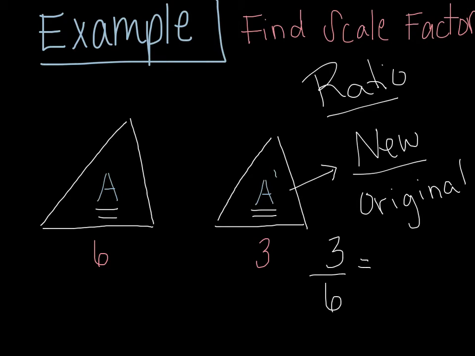Our sides are corresponding to one another, and that reduces to 1/2. So 1/2 is the scale factor. That is a reduction. You can see from A to A prime that the triangles got smaller. Remember, a reduction means a value less than 1, which 1/2 is, but also greater than 0.